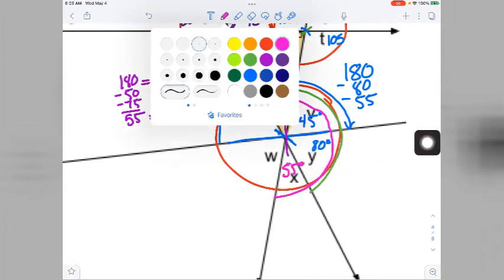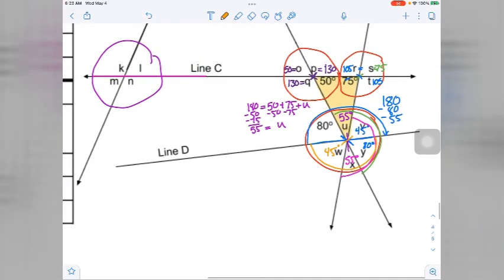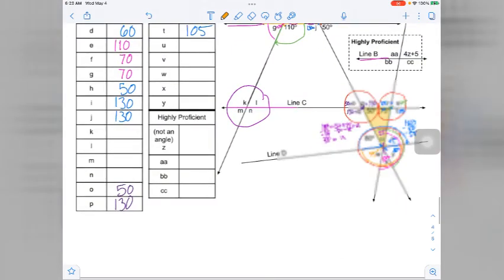I knew it was a vertical angle, but I'm also using another way to prove this. And 180 and 55, what goes with that to make 180? We already figured out that math, and it is 45. So these are vertical angles, but they also help make straight angles total 180 degrees.